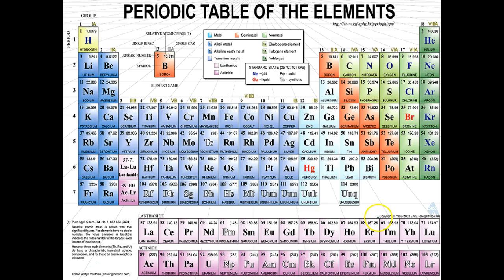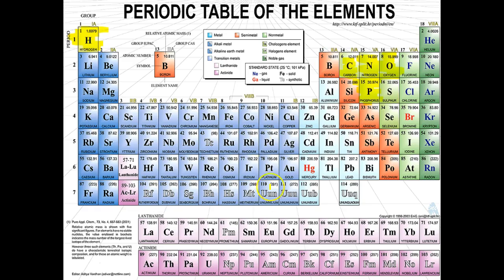Here's your periodic table of the elements. You don't necessarily need to know where everything is, but I wanted to point out that carbon, which is right here, nitrogen, which is right here, oxygen, hydrogen, and phosphorus, these 5 elements are the most important 5 elements when we're talking about life and biology.